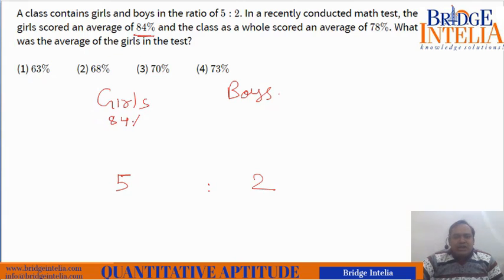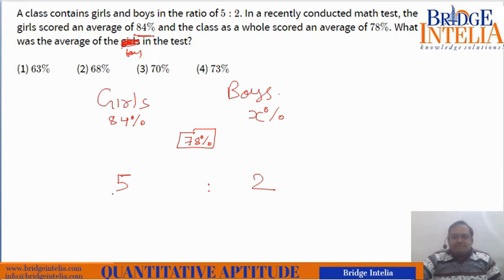The class as a whole scored an average of 78%. What was the average of the girls? I think this should be boys. What was the average of the boys? Because the average of girls is already known.